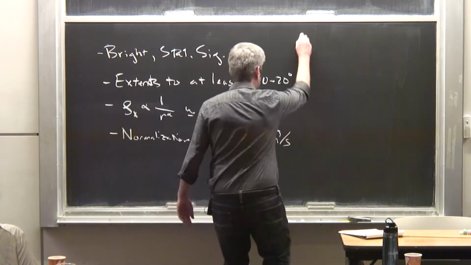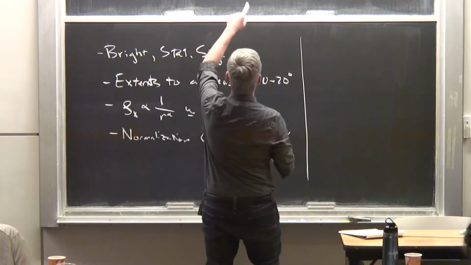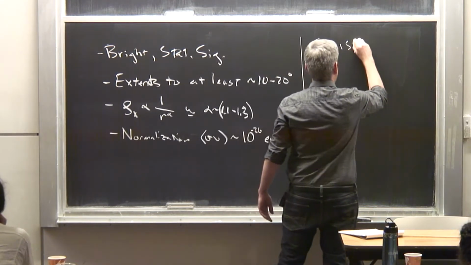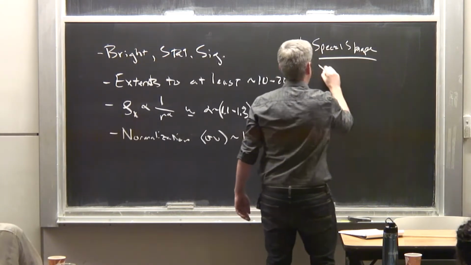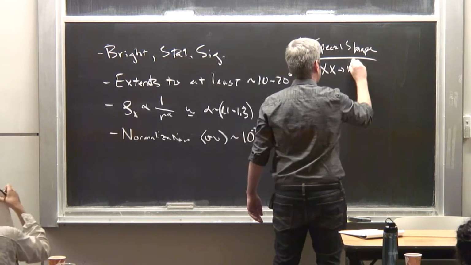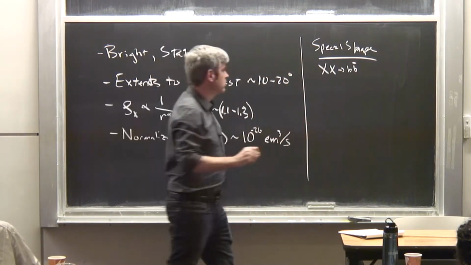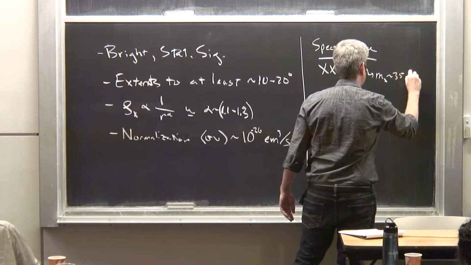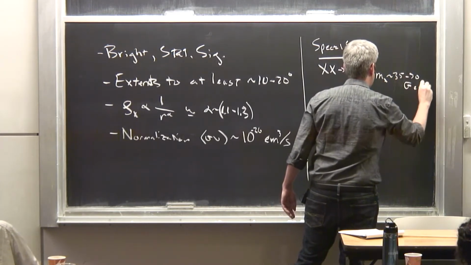And then lastly, the spectral shape that I wrote up there, for the case of annihilations to b b-bar, and again, this is not the only option, you want a mass between roughly 35 and 70 GeV.